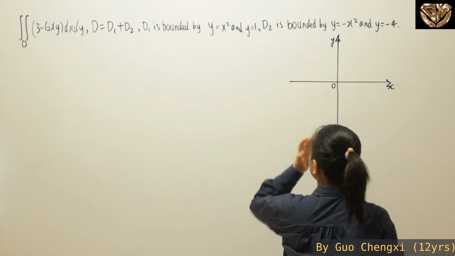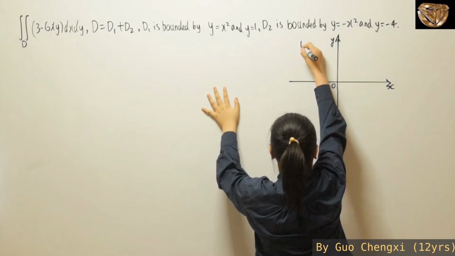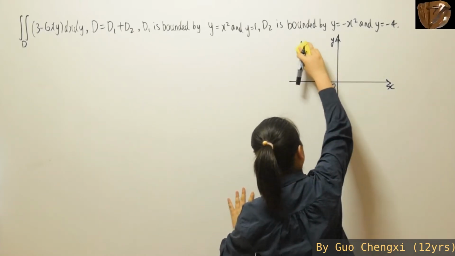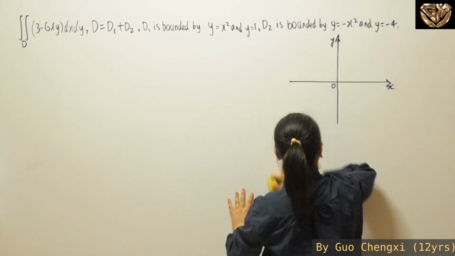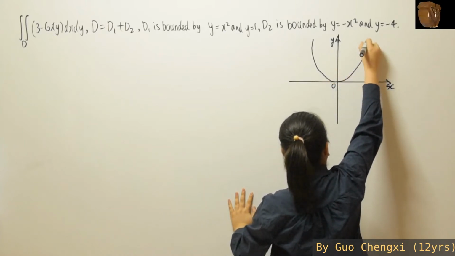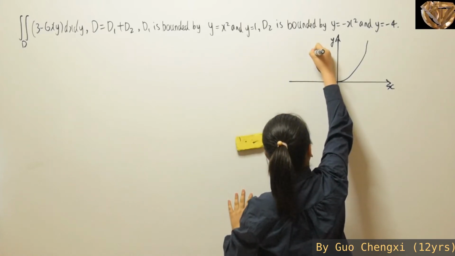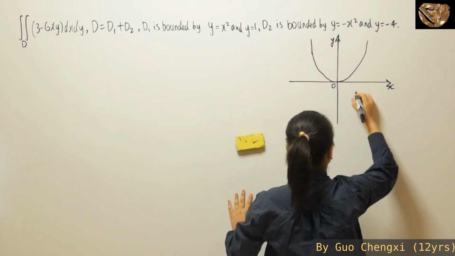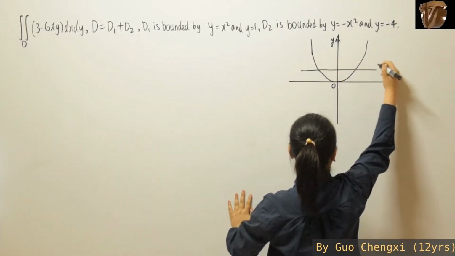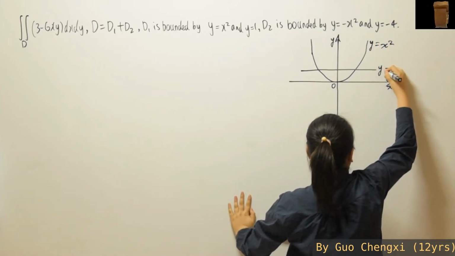For our D1 we have y equals x squared, and then after that we also have y equals 1. So y equals x squared, y equals 1.